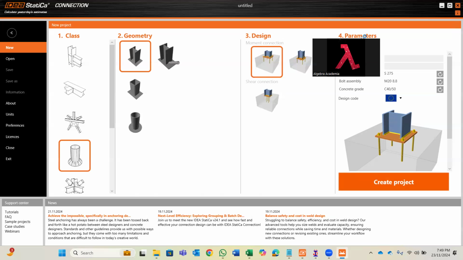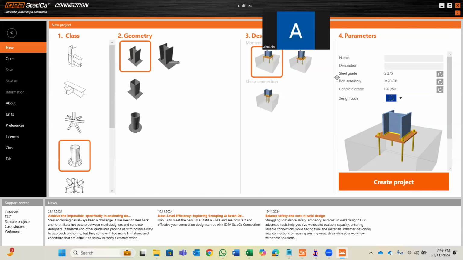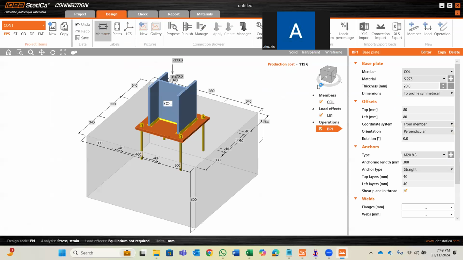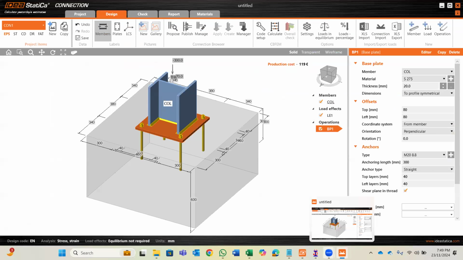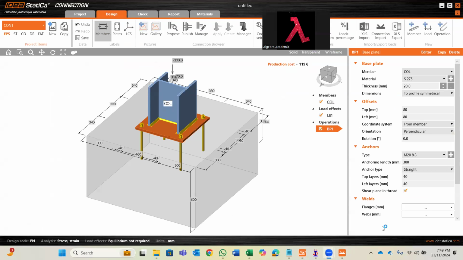Excuse me, one second, please. My IDEA Statica this time again started showing sign in and all those things. Yesterday it was working. This is the problem, because whenever you connect to the internet, the patch file gets eaten up.